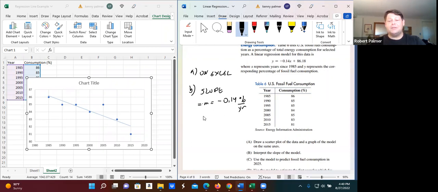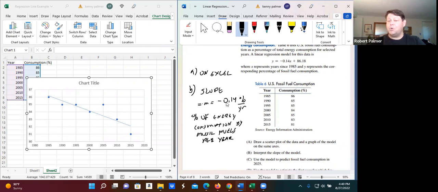What that means is that the percentage of energy consumption by fossil fuels decreases by 0.14 per year.